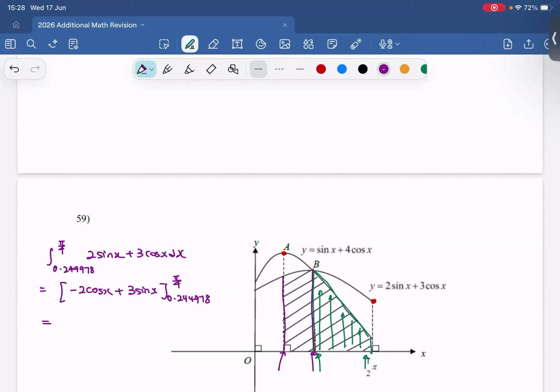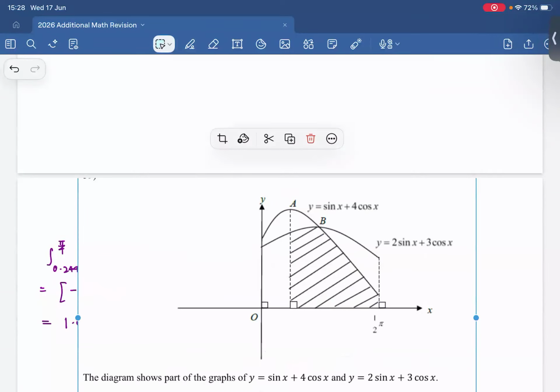I don't need to make nice. I get 1.8334.